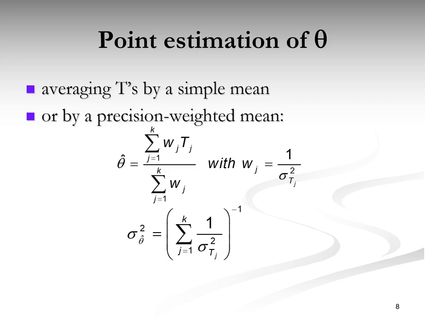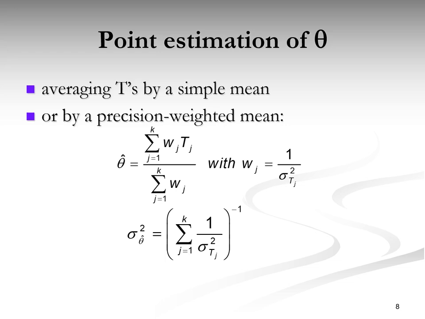Note also that the more studies we combine, the more terms we add. So the sum of the precisions will become larger the more effect sizes we have, because we sum more precisions and all these precisions are positive. So the more studies, the more effect sizes we combine, the larger the sum of the precisions, and therefore 1 over the sum of the precisions will become smaller, and so the sampling variance of our new estimate will become smaller.